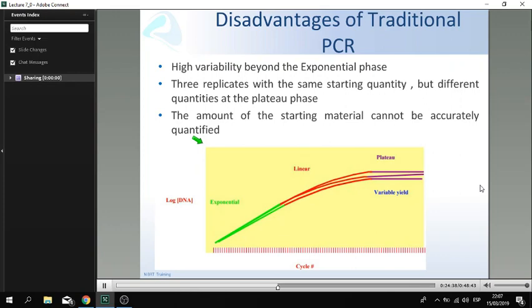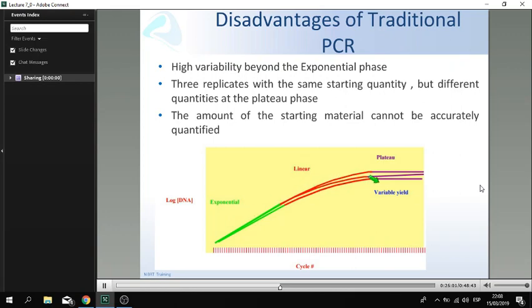And the problem with that is that there is high variability in the amounts of DNA being made beyond the exponential phase. So here we see 3 replicates with the same starting quantity of material, and during the early exponential phase, you can see that they all have the same amount of DNA.